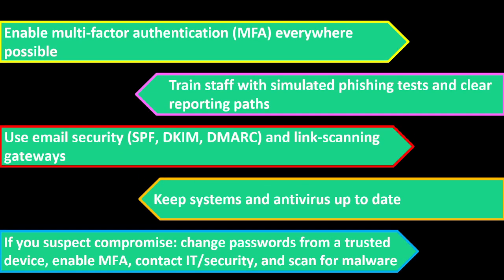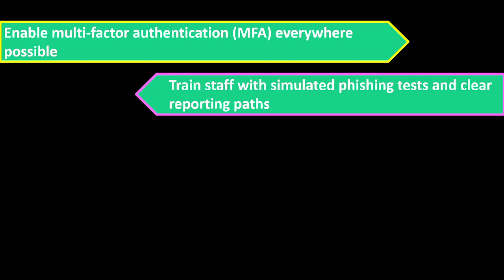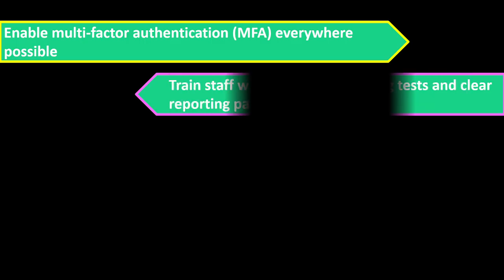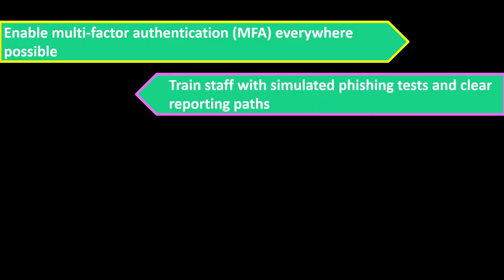Then you confirm it, then it will allow you to log into the system. Okay, let's go one by one. So we discussed multi-factor authentication. Next is train staff with simulated phishing tests and clear reporting paths. Run simulated phishing tests to raise awareness. Keep on running simulations to test and raise awareness. We discussed simulation in a previous slide.